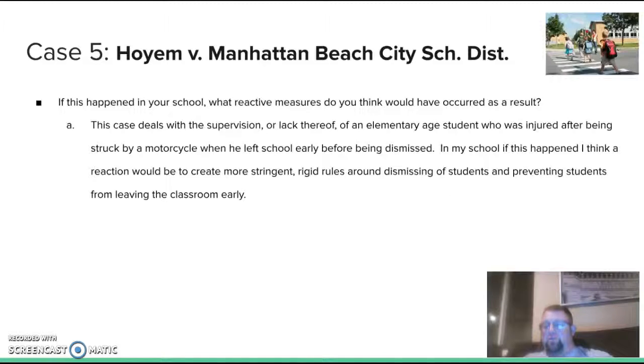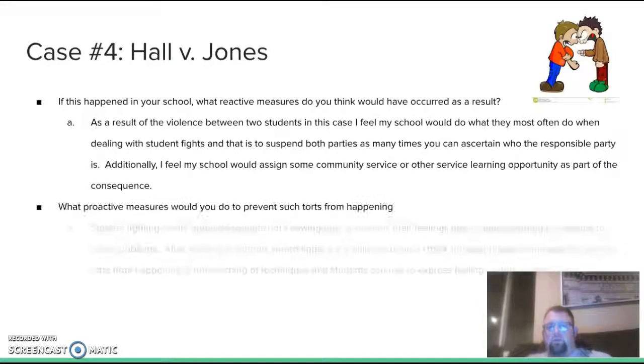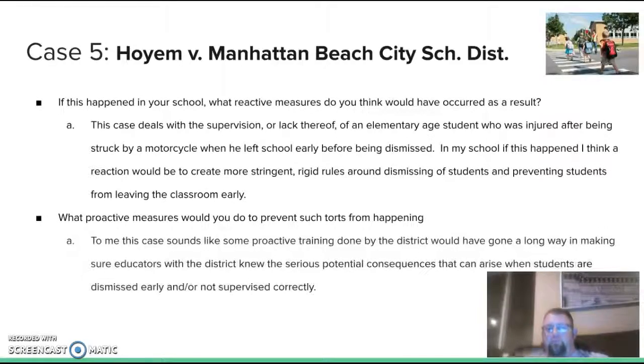Obviously, I think if this happened in my school, we'd see some pretty rigid rules around early dismissal. I know I'm guilty of this as a teacher at times. I let my students go a minute or two early just to make sure that I have time to get to my next class or do something that I need to do.